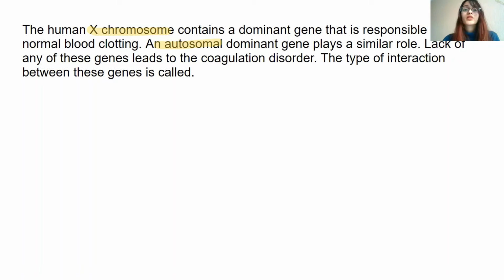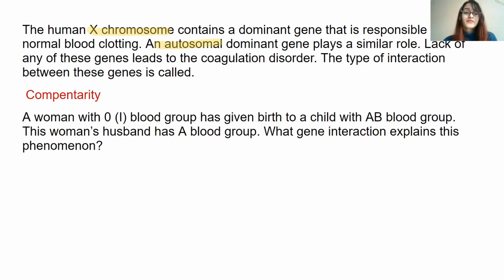So obviously, if the two genes are present together, they complement each other and they help in the proper functioning of coagulation. And if any one of these is absent or defective, it leads to a coagulation disorder. So such type of interaction is called complementarity.